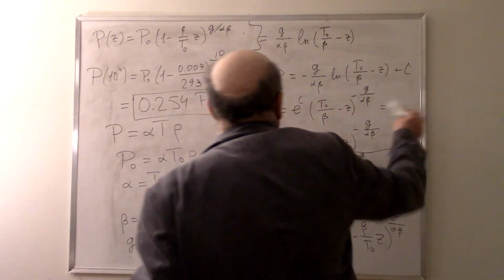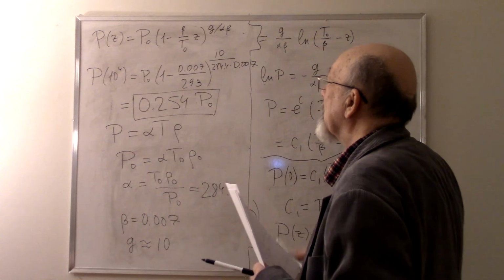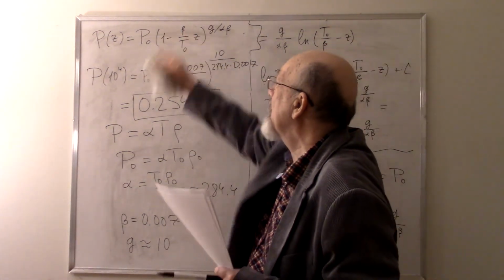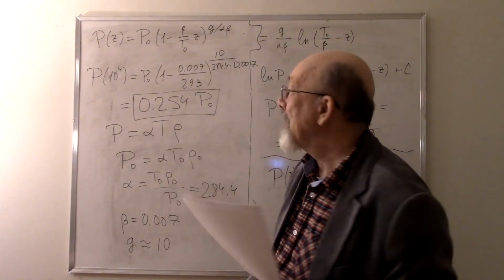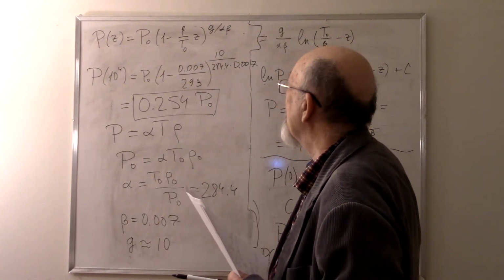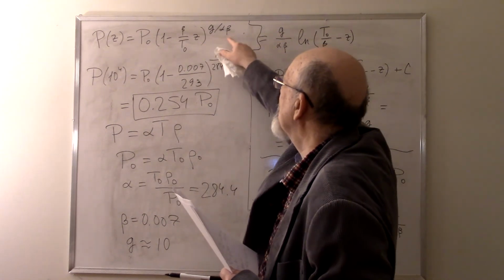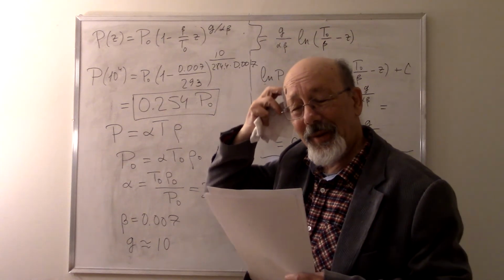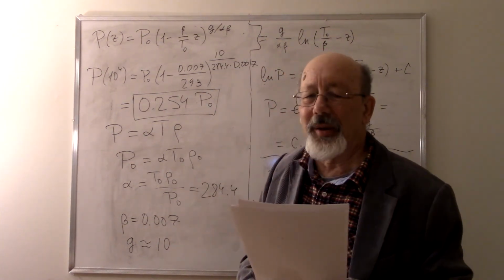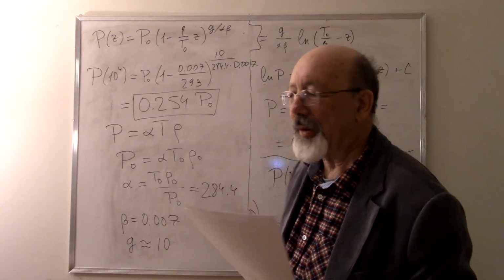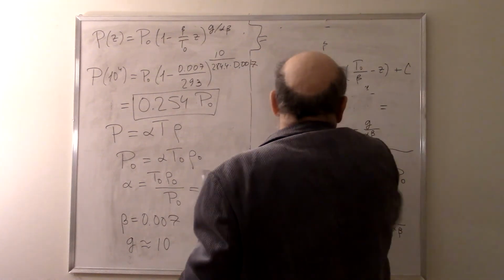So if the temperature is constant, it corresponds formally to beta equals 0. But then you have a strange thing. Here in the exponent, beta is in the denominator. So this answer does not work. So we have to briefly solve this problem anew.